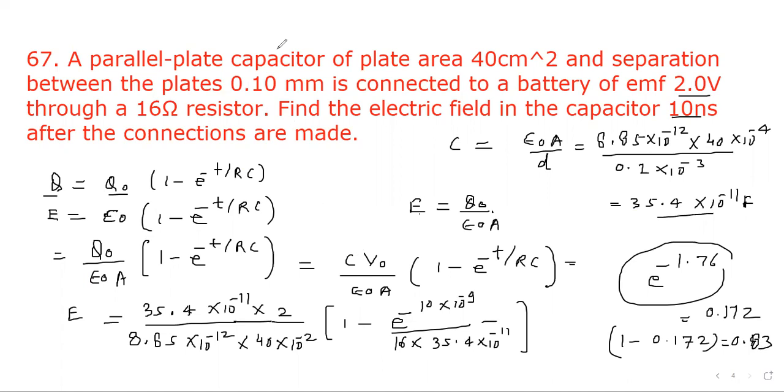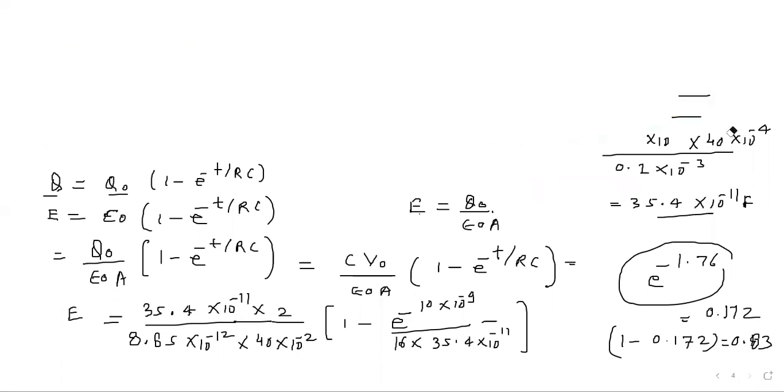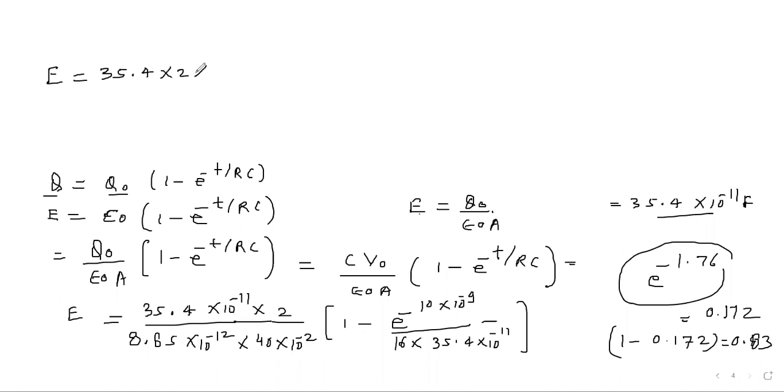So let's write it here. So E will be equal to, let's write it again, 35.4 into 2 into 10 to the power minus 11 divided by 8.85 into 40 into 10 to the power, here the area is 40 into 10 to the power minus 4.